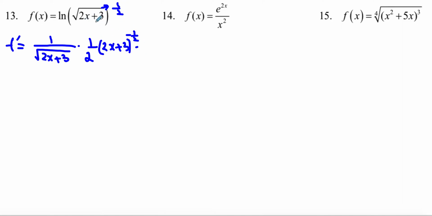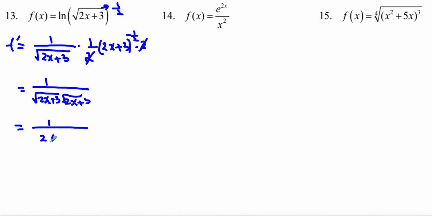By the chain rule, we have to multiply that by 2. Then you can see that this 2 cancels out with this 2. If I rewrite it, I will end up getting 1 over the square root of 2x plus 3, but this negative 1/2 brings this one down, making 2x plus 3 as well. Hence our final answer is 1 over simply 2x plus 3, because radicals of the same kind multiplied together become this.